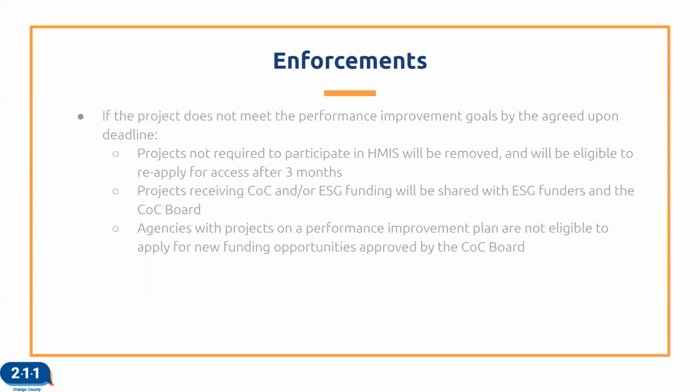So the ultimate goal is for the projects to succeed. It's not to punish. So we're hoping the performance improvement plan will be collaborative, and it won't come to any of this that's on this slide. But we just need to have something in place in case it were to occur.